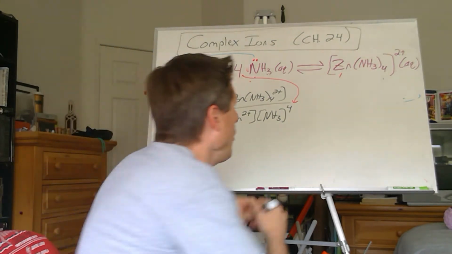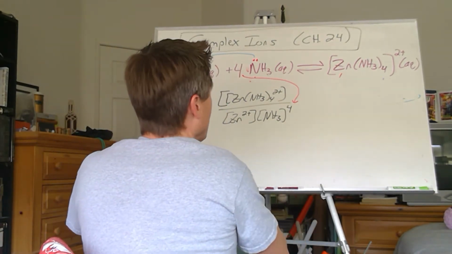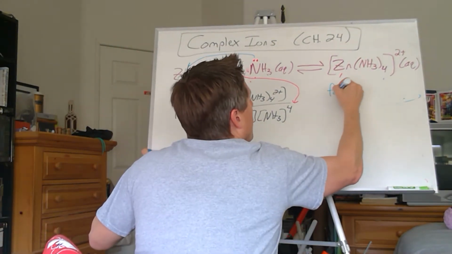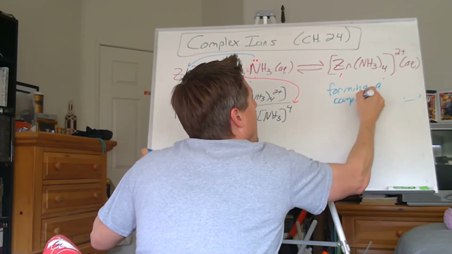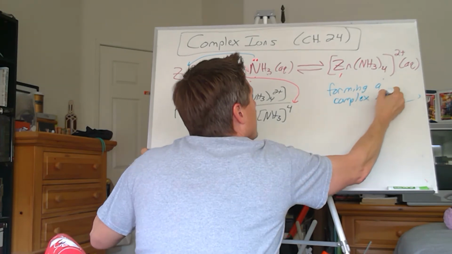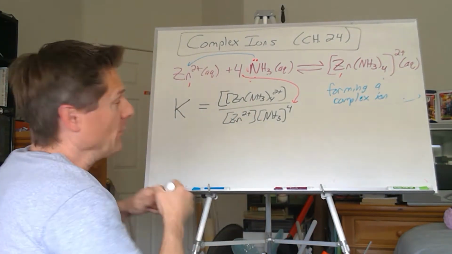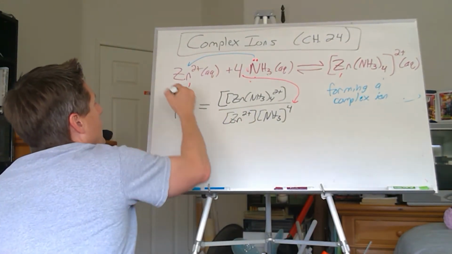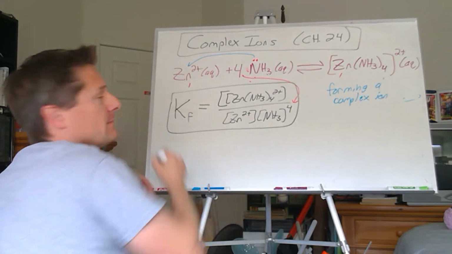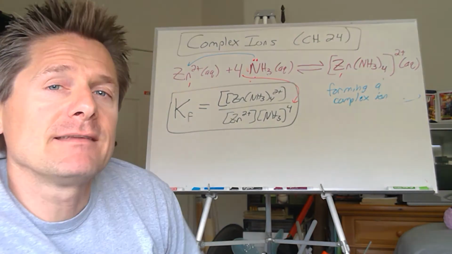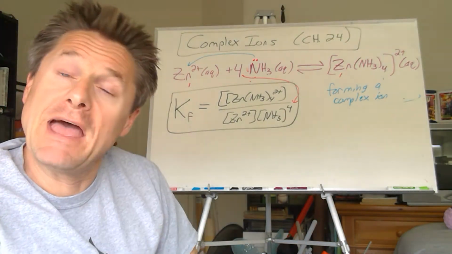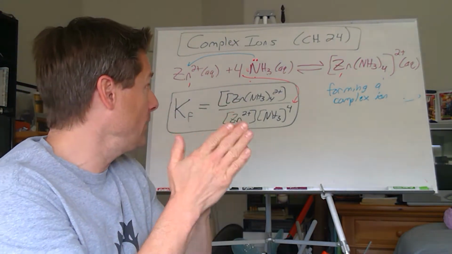And since we're forming a complex ion, you will see on the tables that this is Kf, the formation constant. And of course, just like we have Kas and Kbs and all those things, we have a Kf table. We can look it up.